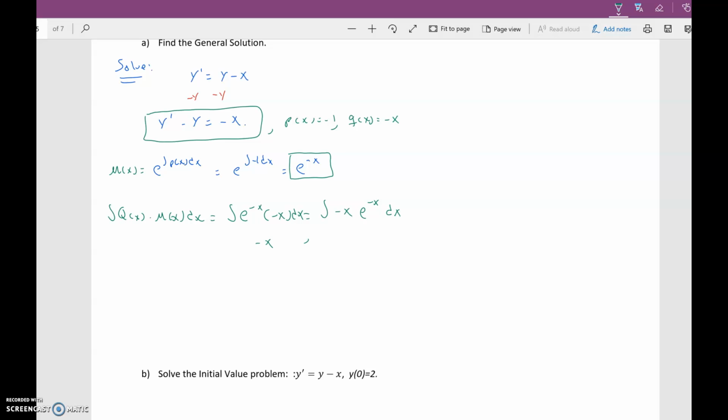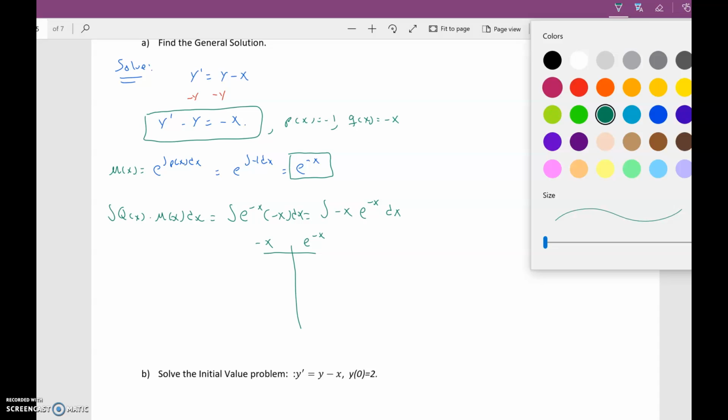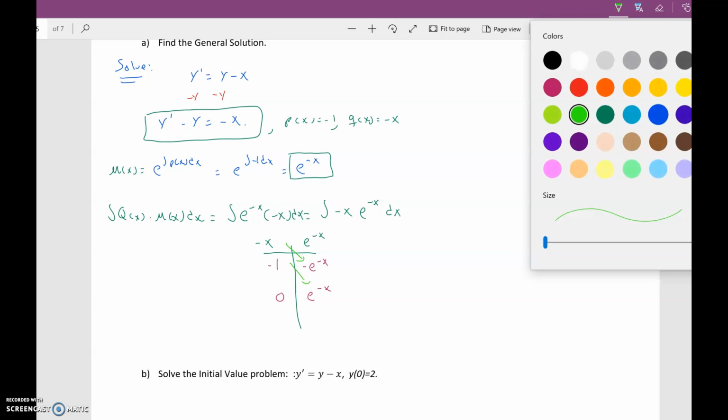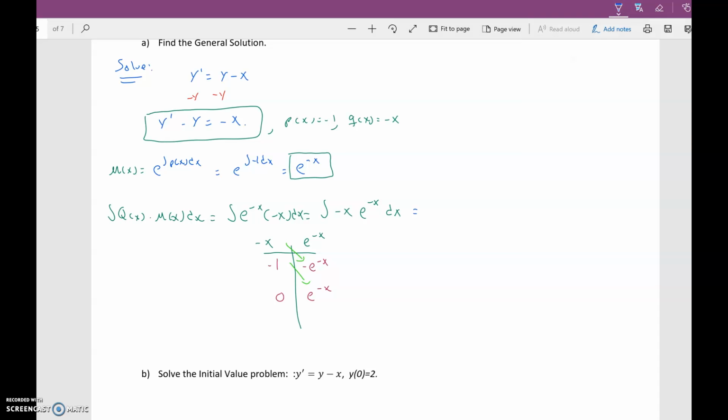So negative x e to the negative x, then negative 1 and 0, negative e to the negative x, and e to the negative x. Let me pair them up. This is going to give us x e to the negative x, and then minus an e to the negative x.